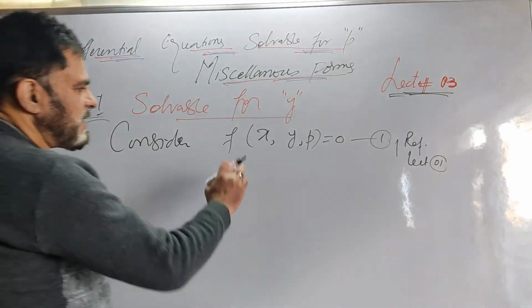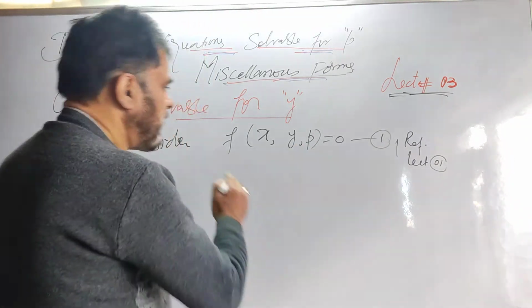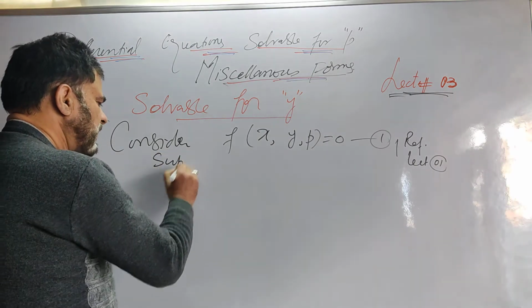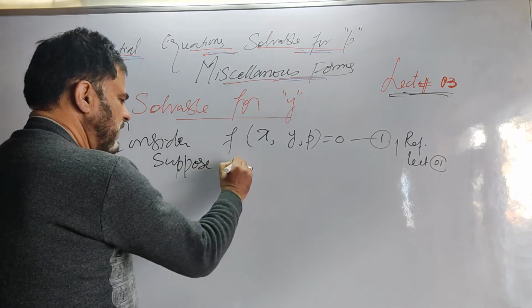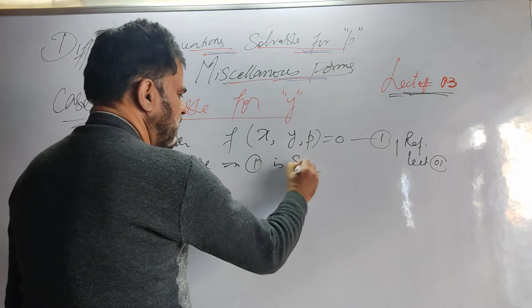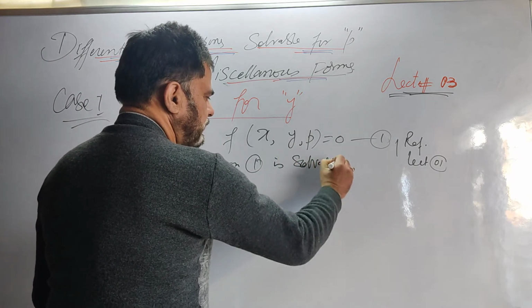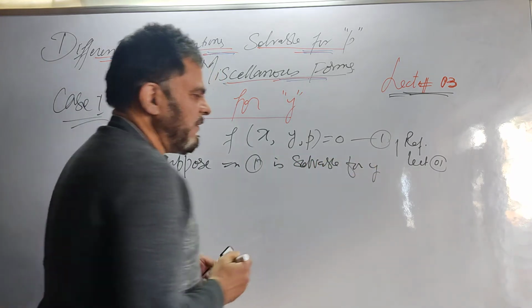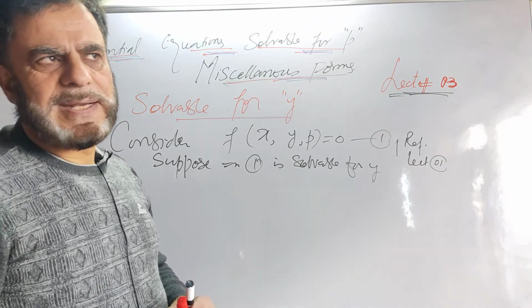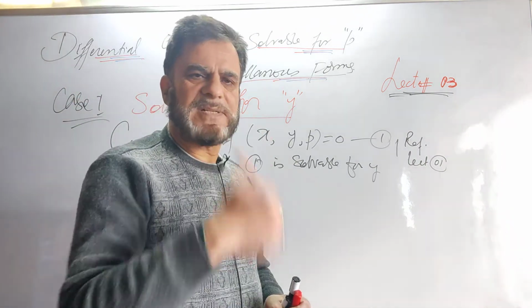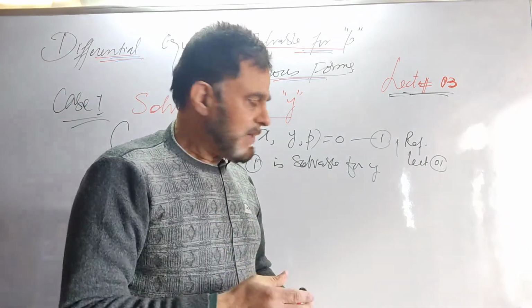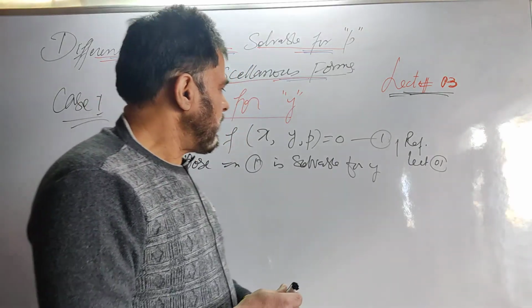Now let us assume equation number 1 is solvable for Y. When it is solvable for Y, it means you can write Y explicitly on one side and X and P on the other side.